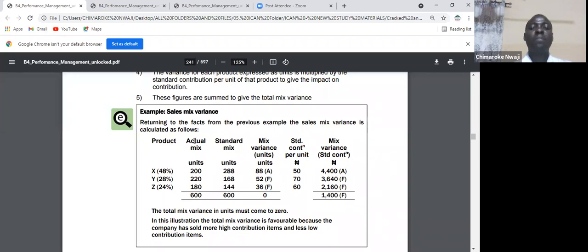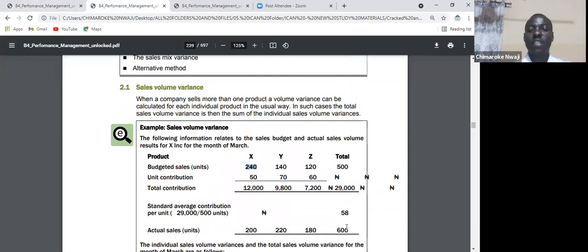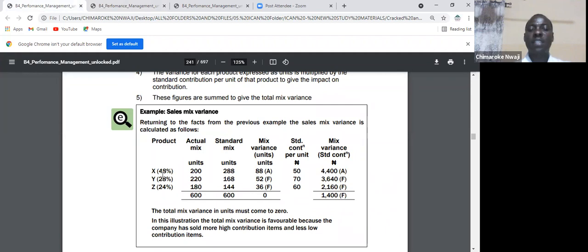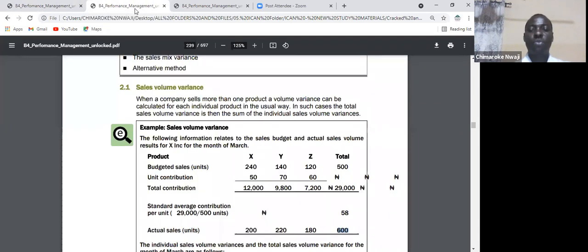So for the actual mix of 600, this is the actual that was sold: 200, 220, 180.